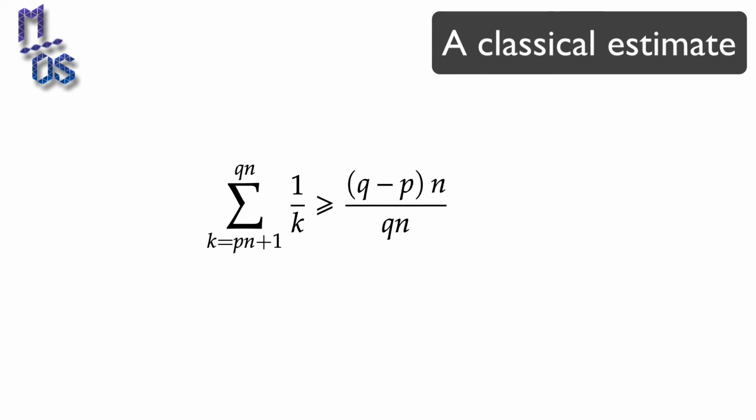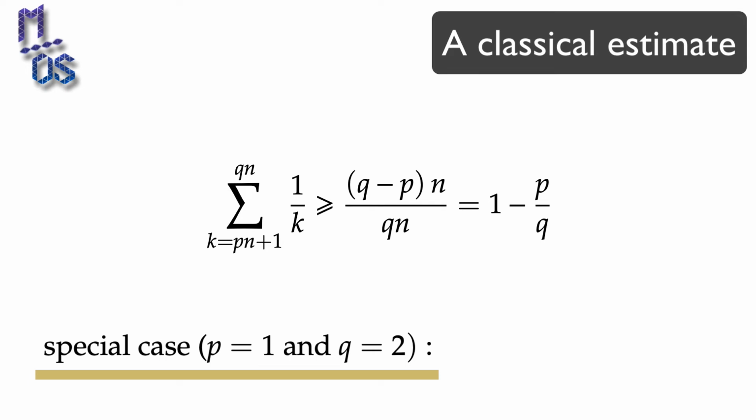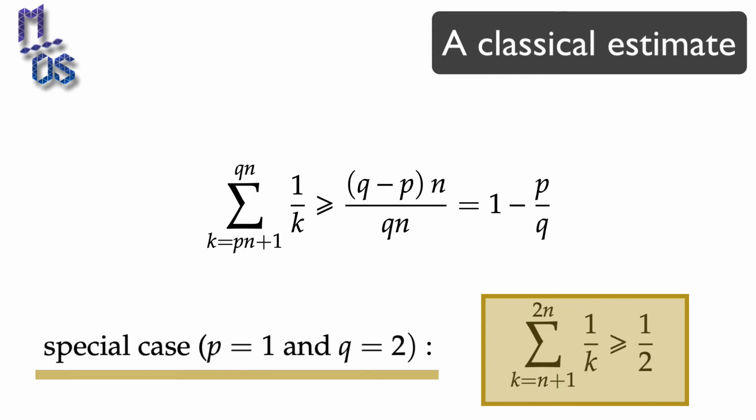Therefore, the sum is bounded from below by (q minus p) times n over qn, which is equal to 1 minus p over q. As a special case, taking p equal to 1 and q equal to 2, we obtain the following inequality, which is quite a classical one.